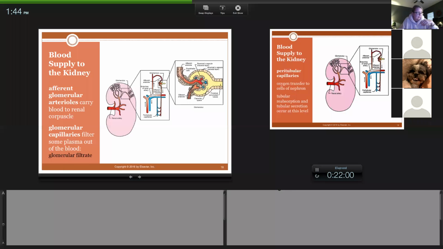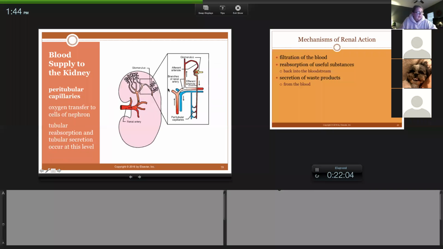And that's the glomerular filtrate. Then the peritubular capillaries are going to come down here, surround the tubules, and then we can have reabsorption and secretion. So tubular reabsorption and tubular secretion occur in the peritubular capillaries.